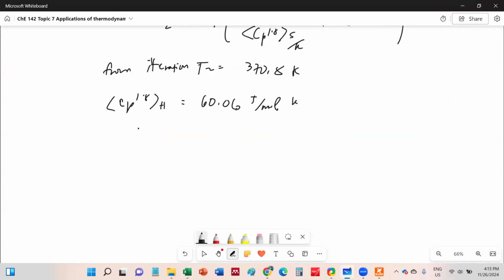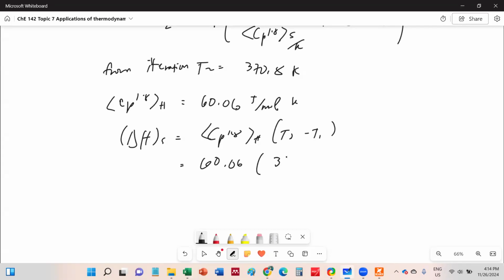And then we use that to calculate delta H, which is CPIGH multiplied by T2 minus T1, so that is 60.06 times T2, 370.8, minus T1.